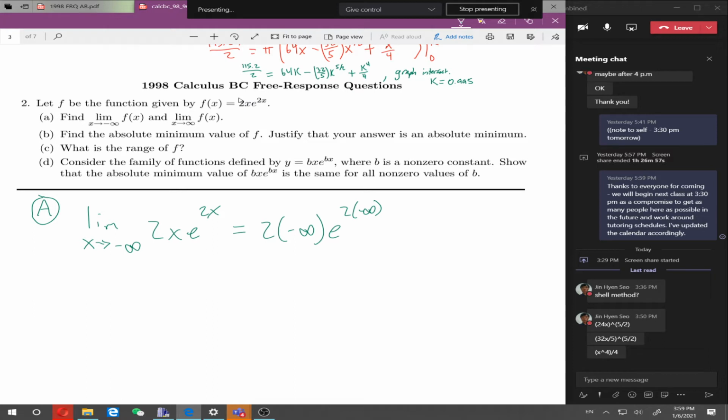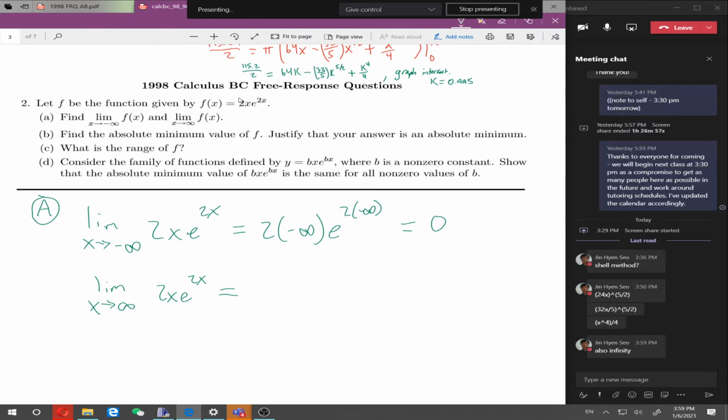So in this case, we will approach 0. And Jin, over to you. If I take the limit as x approaches infinity of 2x e to the 2x, what will happen? Infinity, okay.